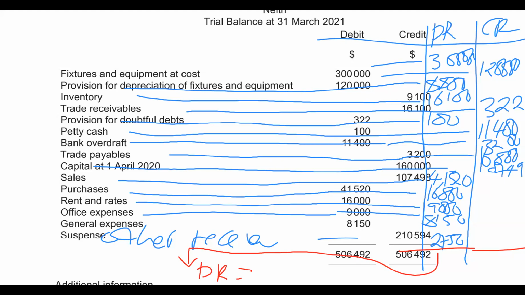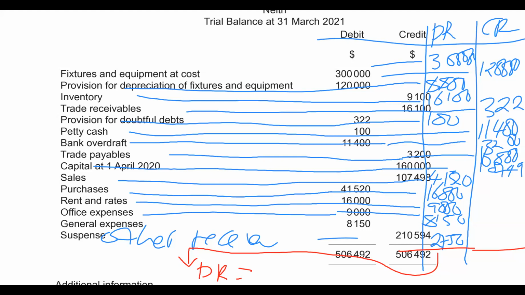The first figure is 300,000, 8,800, 16,100, 100, 41,520, 16,000, 9,000.